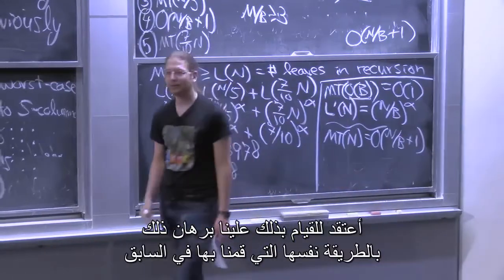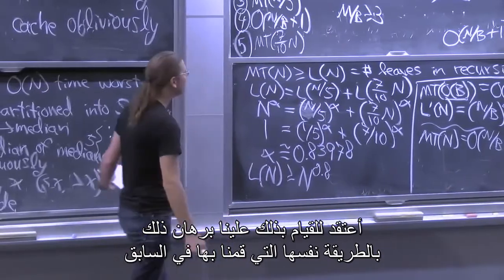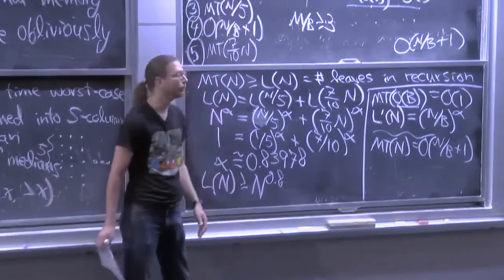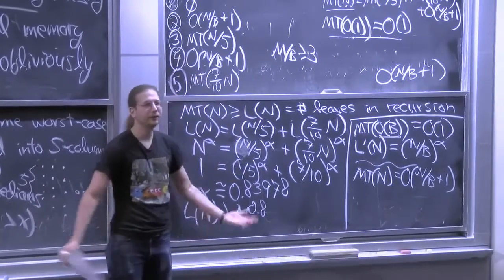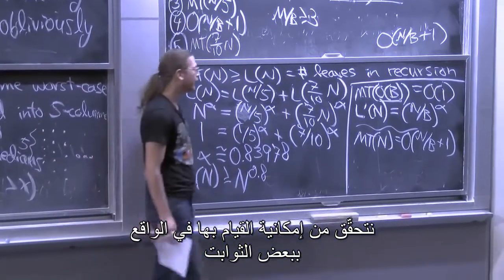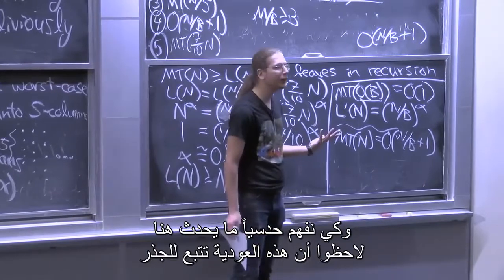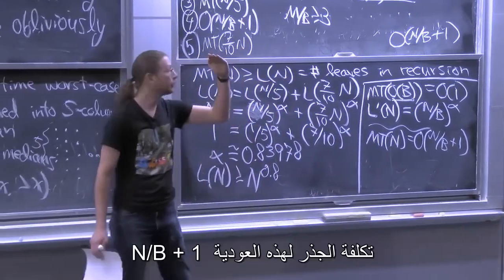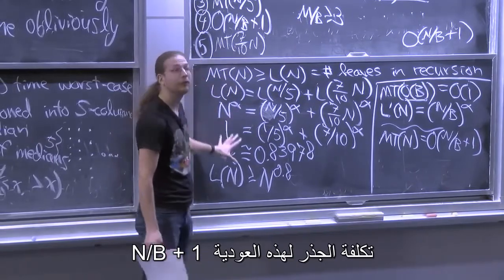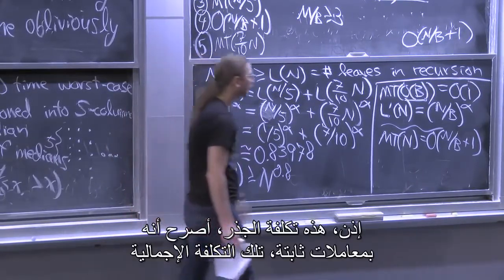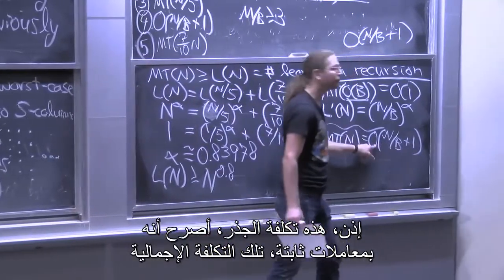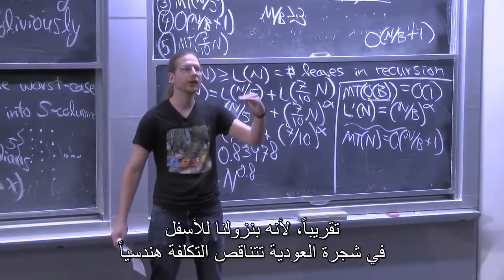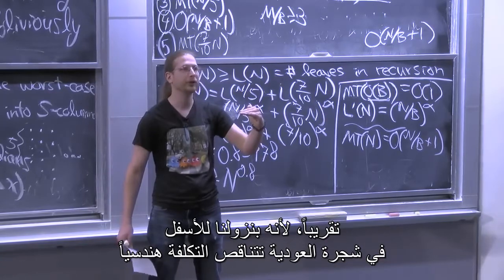To prove it, you want to do it the same way we did before when we solved this recurrence, which is by substitution. You assume this is true, you plug it in, and verify it can actually be done with some constants. The intuition of what's going on is, in general, this recurrence is dominated by the root. The root cost for this recursion is n over b plus 1. I claim that up to constant factors, that is the overall cost, roughly because as you go down the recursion tree, the cost is decreasing geometrically.